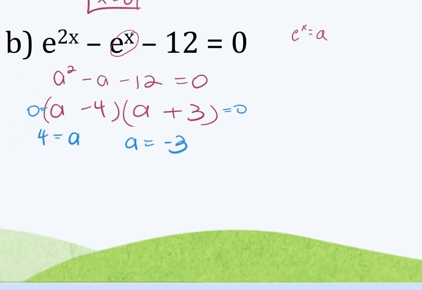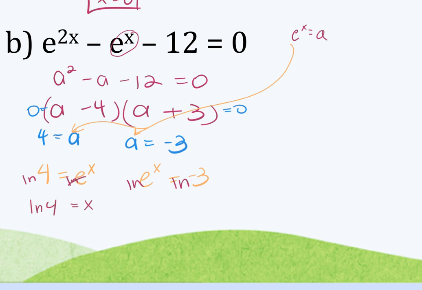But I'm not solving for a, right? We're solving for x, so I have to plug the e back in. So 4 equals e to the x, and e to the x equals -3. And then I'm going to ln both sides of the equation. And I get x equals ln of 4, which we just did a minute ago.